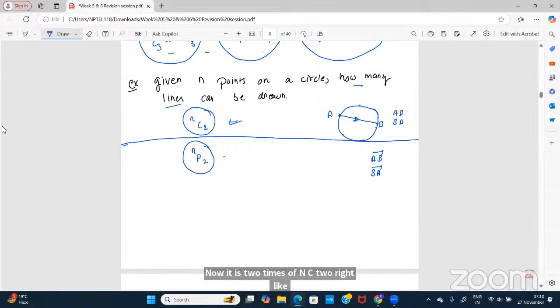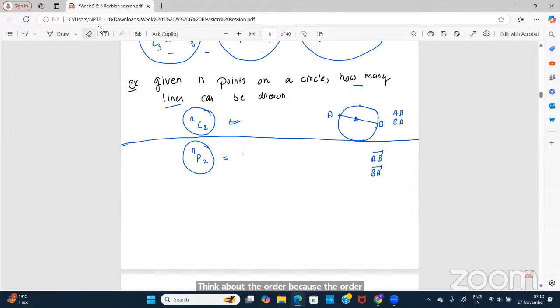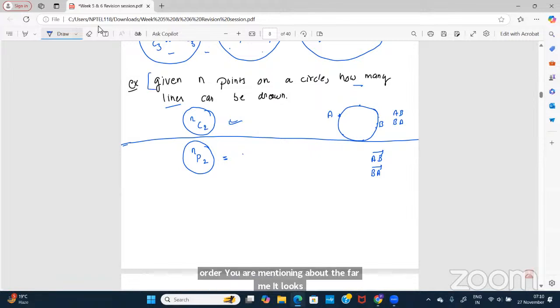You are saying we have to think about the order. I'm unable to understand the order you are mentioning. For me, it looks like A and B are selected, and from there we can make directed lines. Yes, for this particular question, the answer is nC2 only, no doubt.